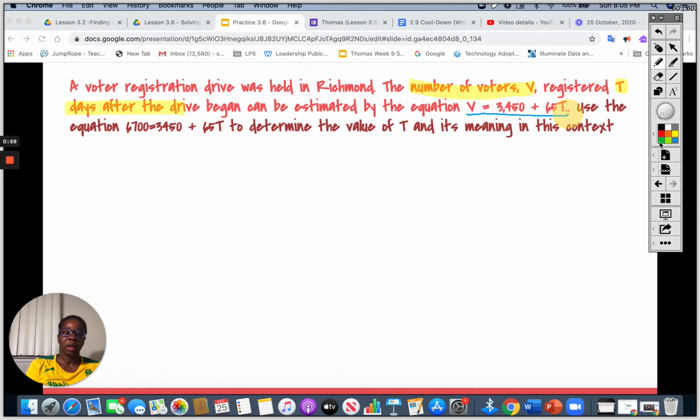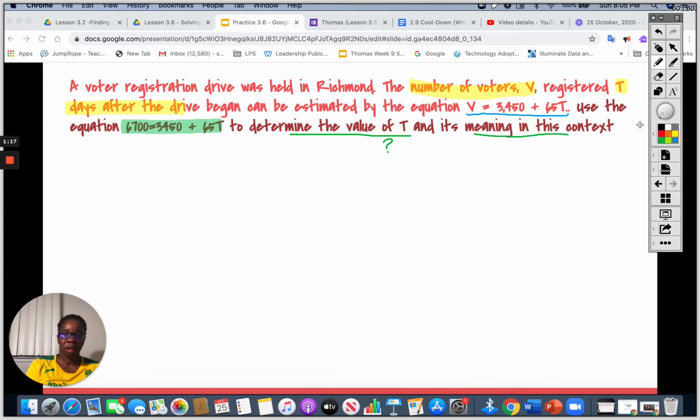We're also asked to use this equation to solve for, we've got to find the value of T. So we're trying to figure out what T is and its meaning.